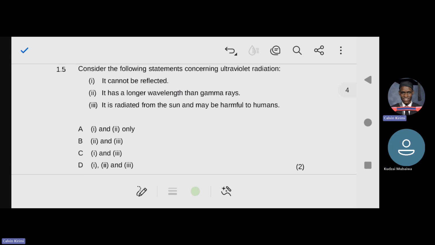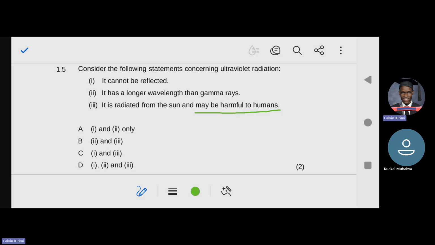Yes, radiation. That's why our skin needs protection from radiation from the sun. Cancer. So ultraviolet radiation may be harmful to humans. That's why the ozone layer, remember, prevents radiation.